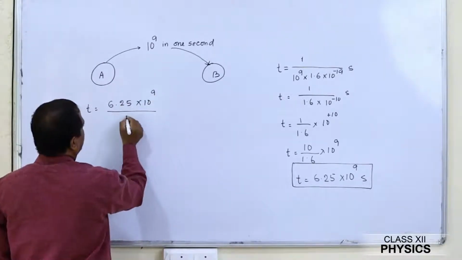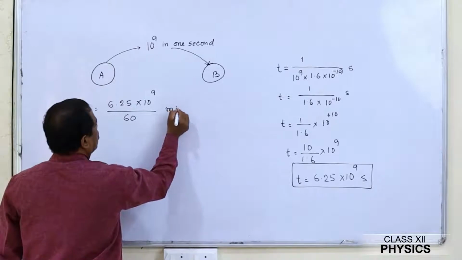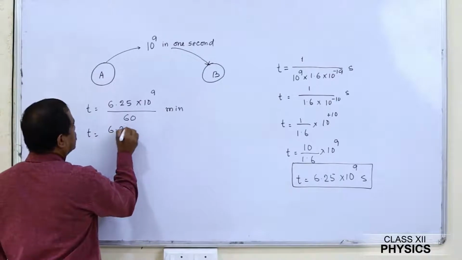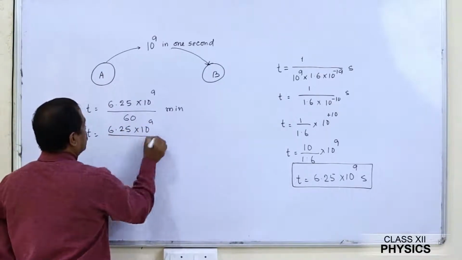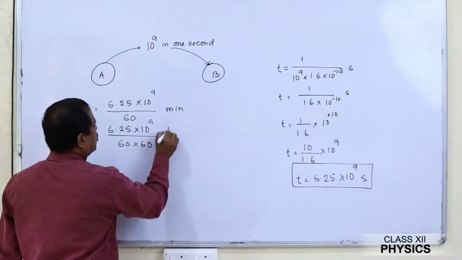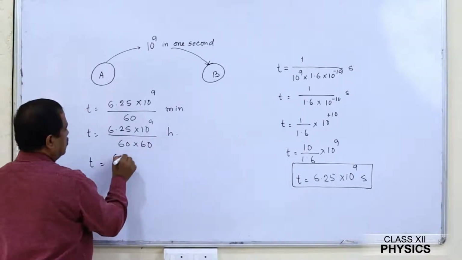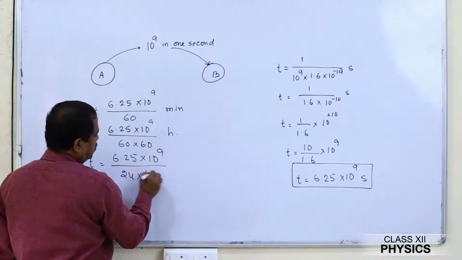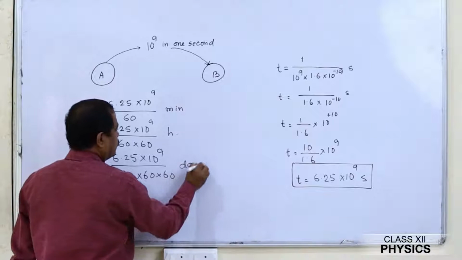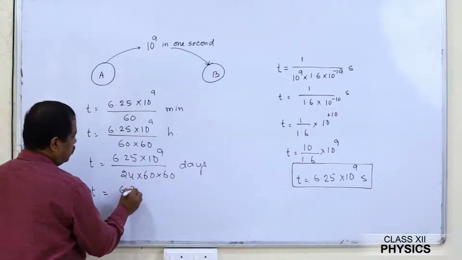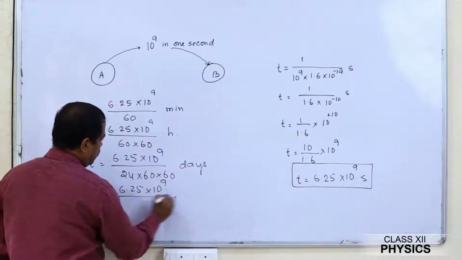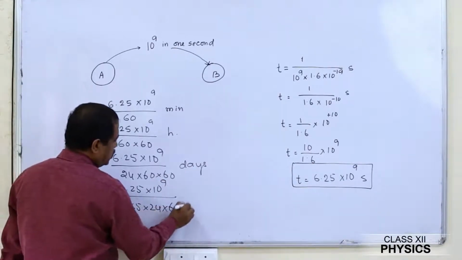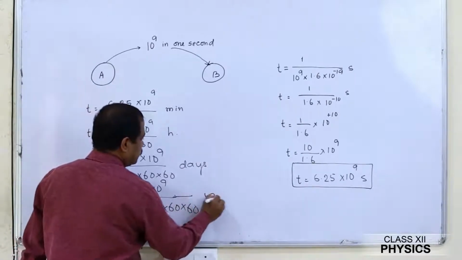If I divide by 60, I get minutes. Further, dividing by 60 into 60, I get hours. Dividing by 24 into 60 into 60, I get days. And T is equal to 6.25 into 10 power 9 divided by 365 into 24 into 60 into 60. This will give me years.